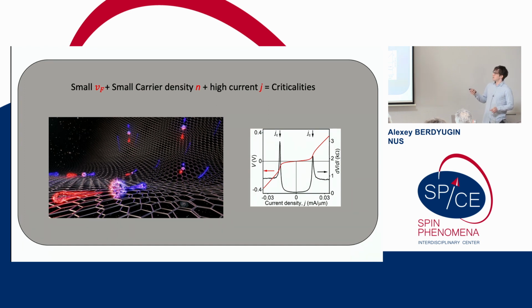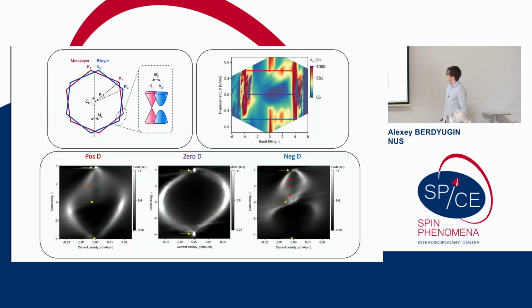With this in mind, that is the main recipe to observe those criticalities. If you have a system with a relatively small Fermi velocity and small carrier density, and if you try to increase the current there, you immediately should observe criticalities. Moving a little bit further, we also did some experiments in other graphene-based superlattices like bilayer graphene or monolayer-bilayer graphene. At this point, I can tell you that it's a very general process, and you basically will see those criticalities everywhere.